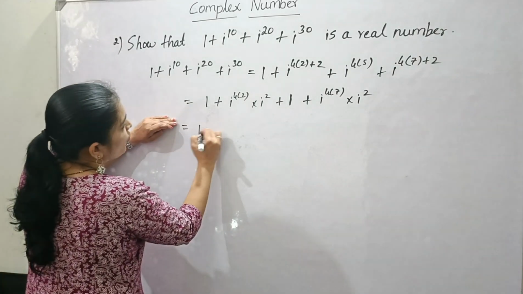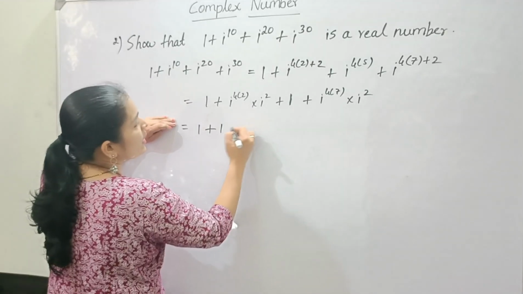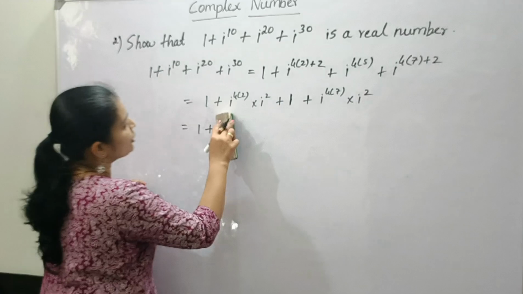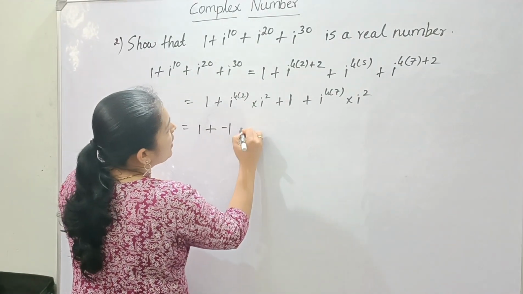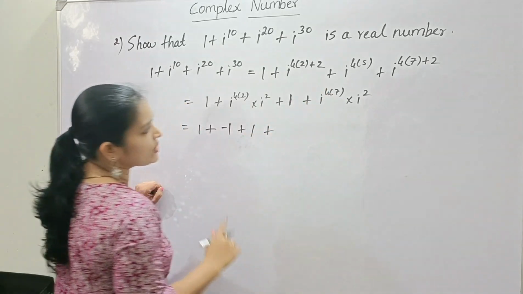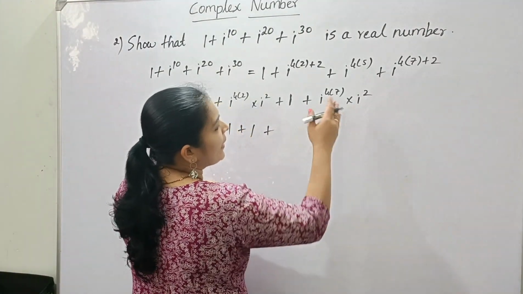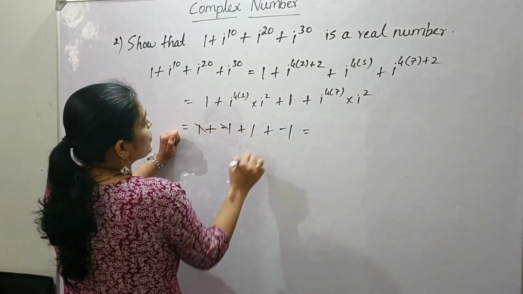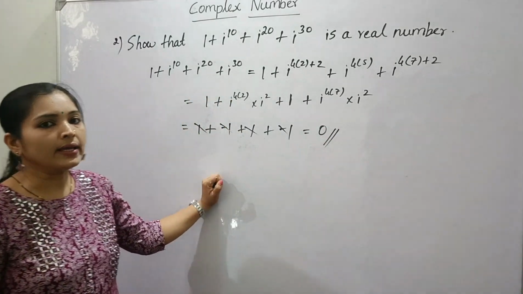That is equal to 1 plus, i raised to 4 into 2 is nothing but 1, into i square, that is 1 into minus 1, minus 1, plus 1 plus, i raised to 4 into 7 is 1, so 1 into i square is nothing but minus 1. So here 1 minus 1 cancelled, 1 minus 1 cancelled. So 0, and 0 is a real number.